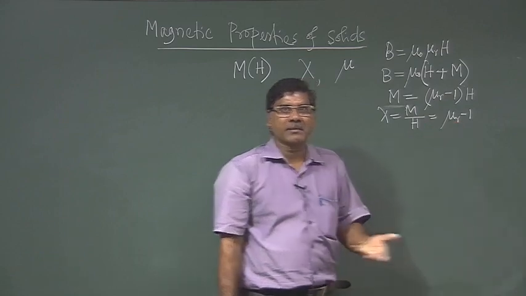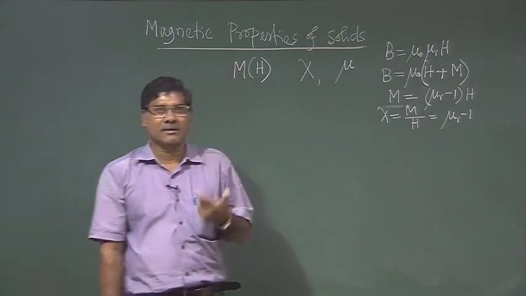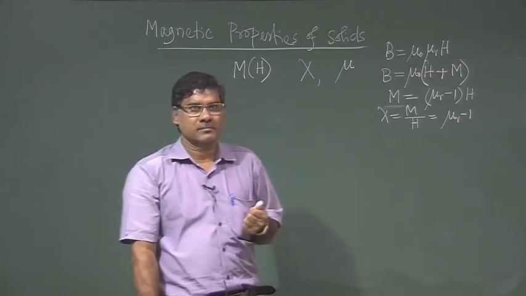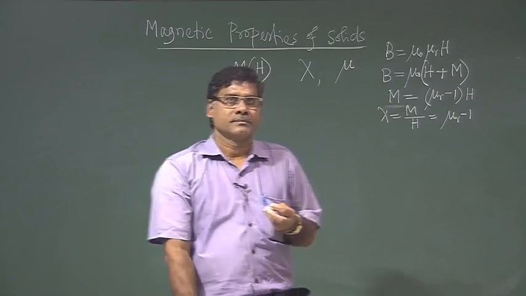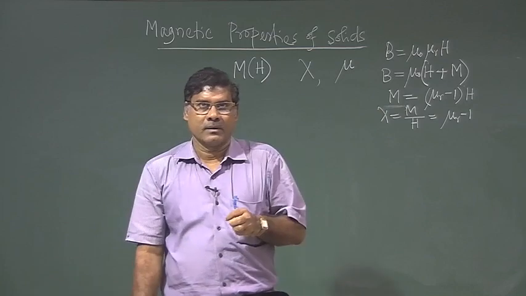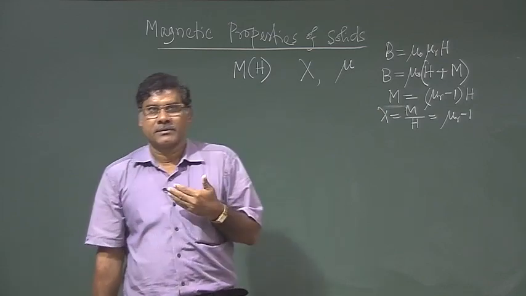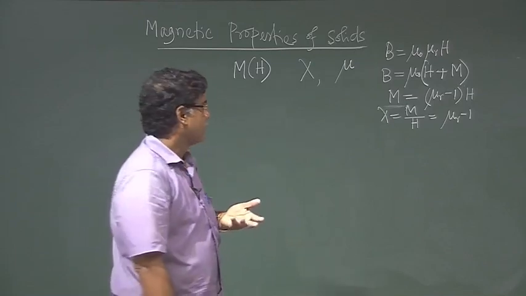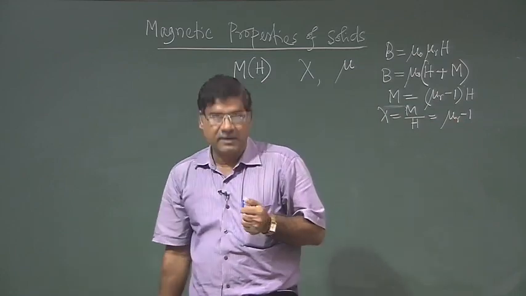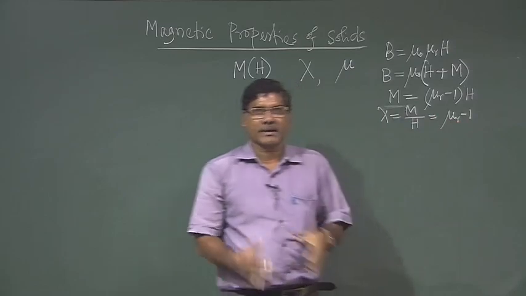Then I can see the value: if it is less than 1, I will tell it is a diamagnetic material. If it is slightly greater than 1, it is a paramagnetic material. If it is very much greater than 1, then I will tell it is a ferromagnetic material.